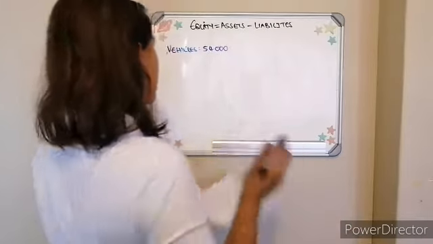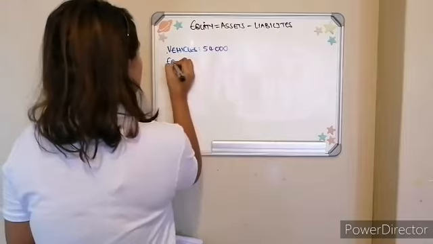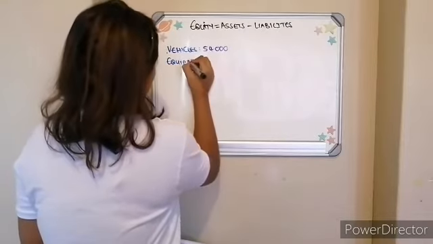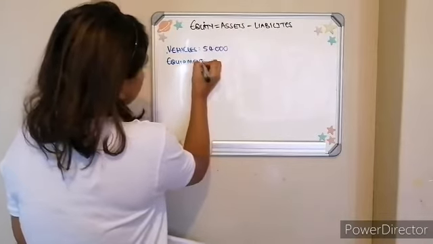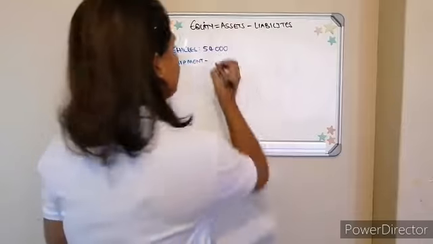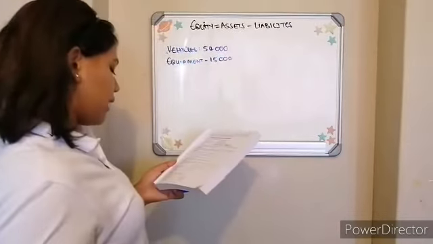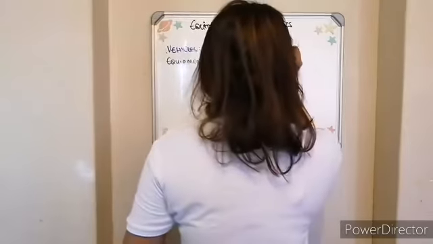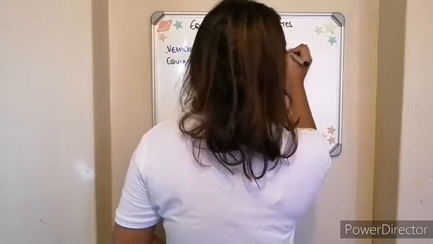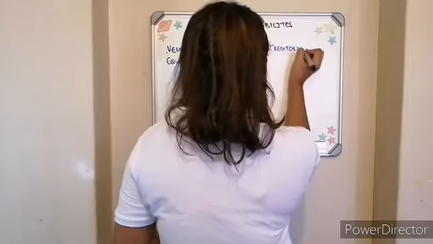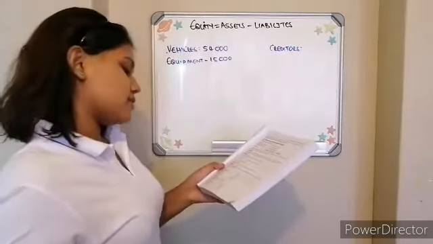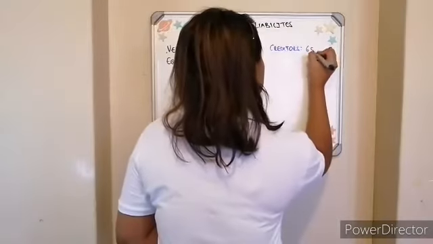Then we have equipment, which is 15,000. Then we have creditors, which is 6,500.